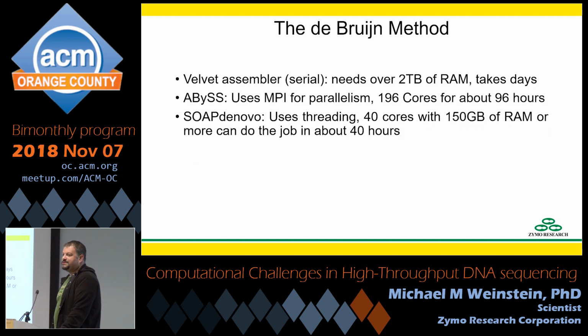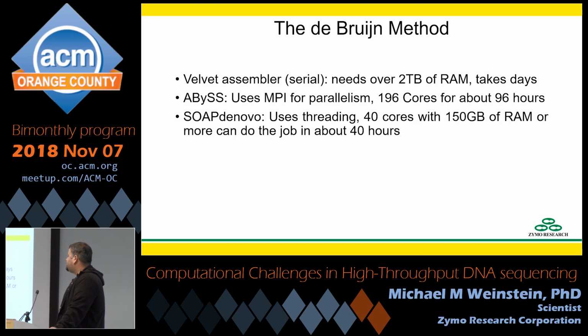As you can imagine, for something the size of a genome, this is very complicated, and the amount of computing resources required to assemble a draft genome with no template, using that cribbing method I mentioned before, is pretty impressive. For the Velvet assembler, you need a system with 2 terabytes of RAM, and it's going to take, I think, a couple days. A program called Abyss starts incorporating parallelism, but you're still looking at about 96 hours with a lot of cores.